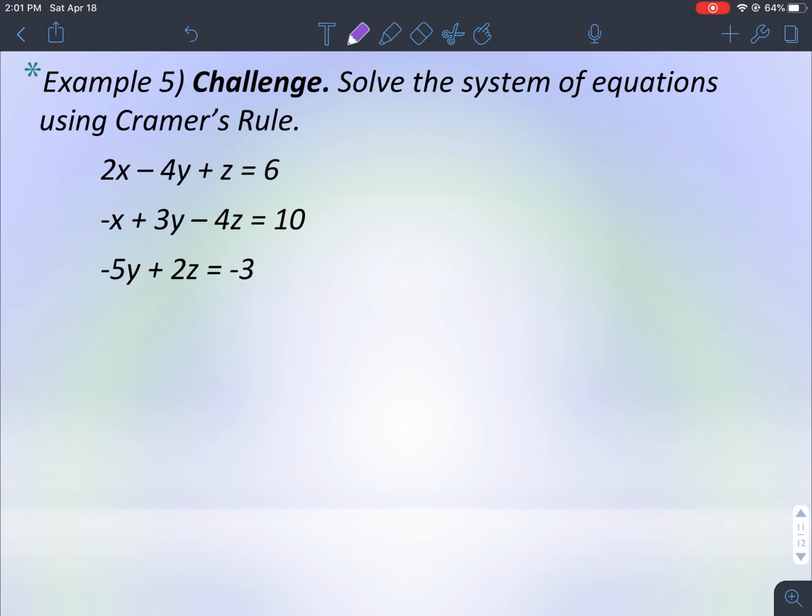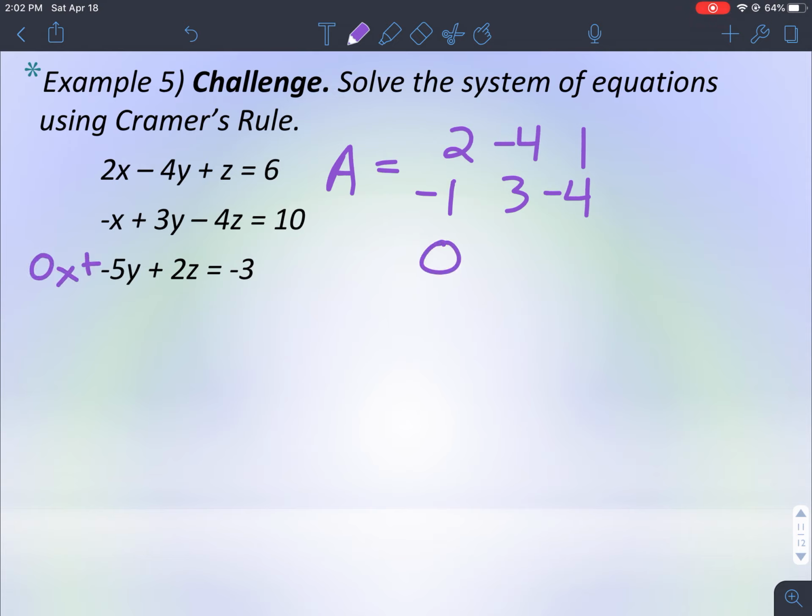First, let me start off writing out all of my different matrices. Be sure to recognize that there should be a 0 for that third equation.